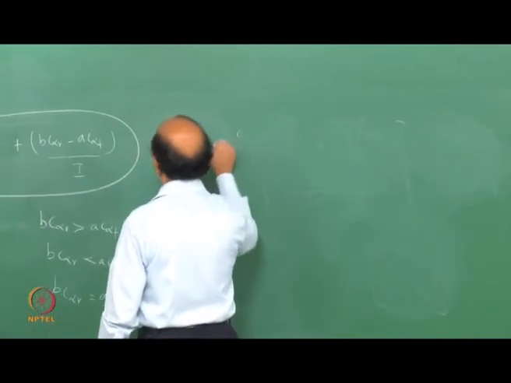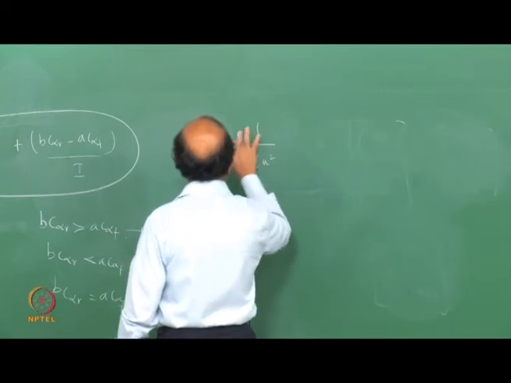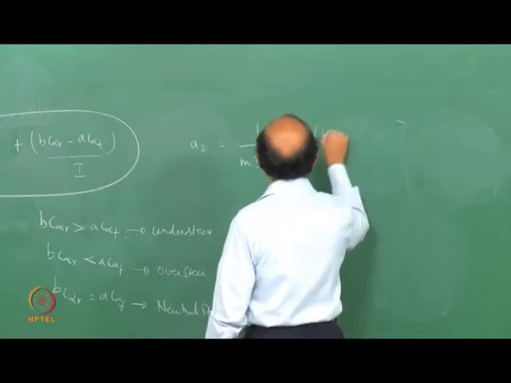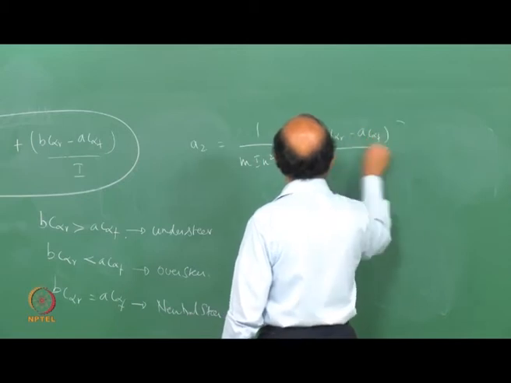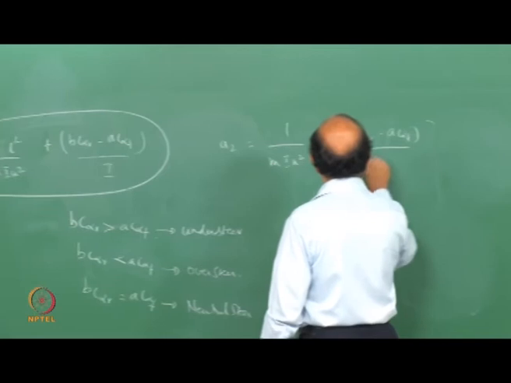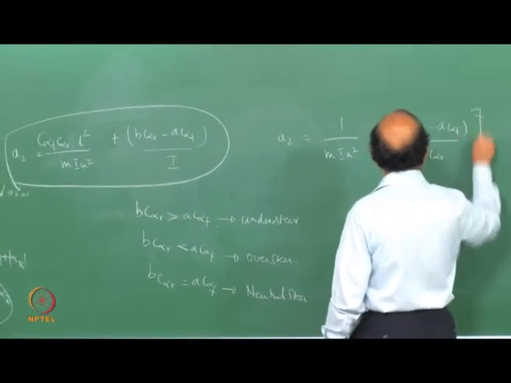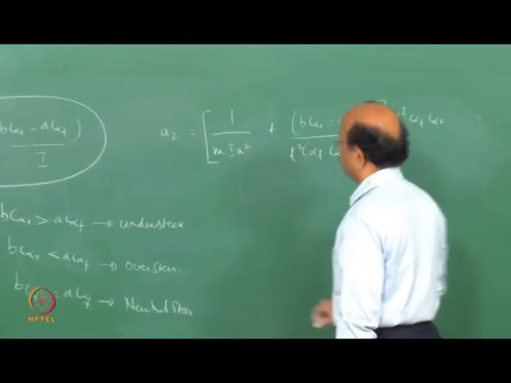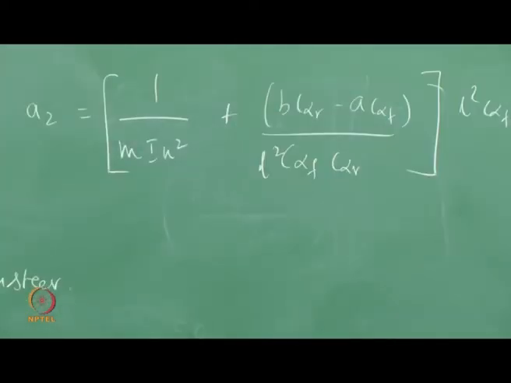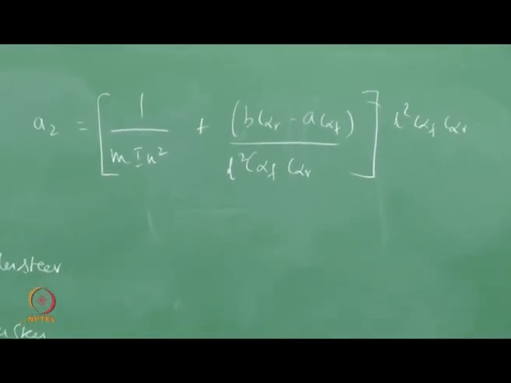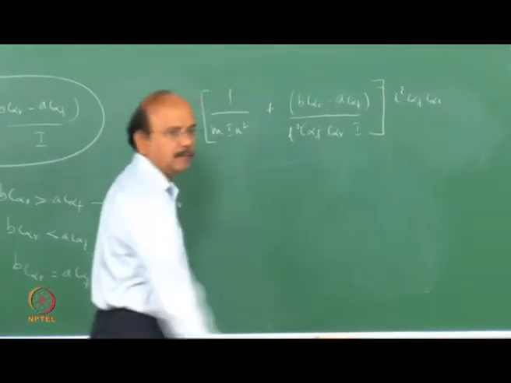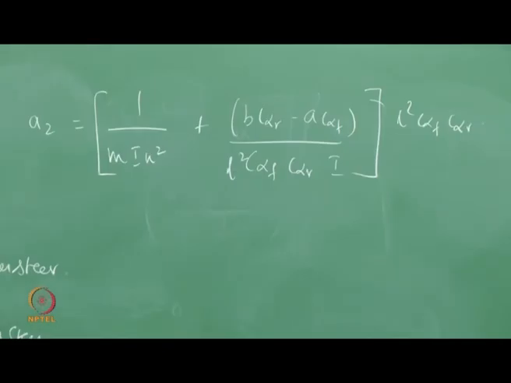So let me do that. Maybe I'll write A2 as 1 by mu u squared plus BC alpha R minus AC alpha F divided by C alpha F C alpha R L squared, multiplied by L squared C alpha F C alpha R. Let me take that I also out.